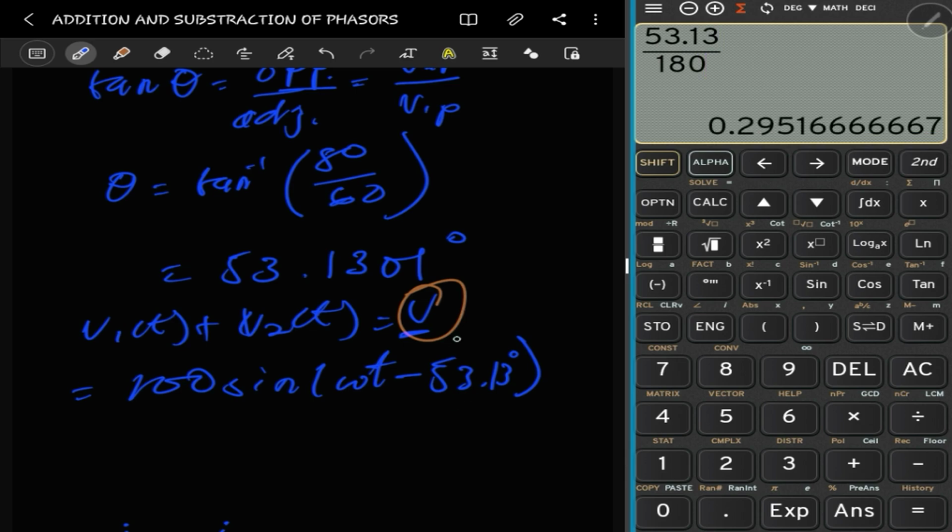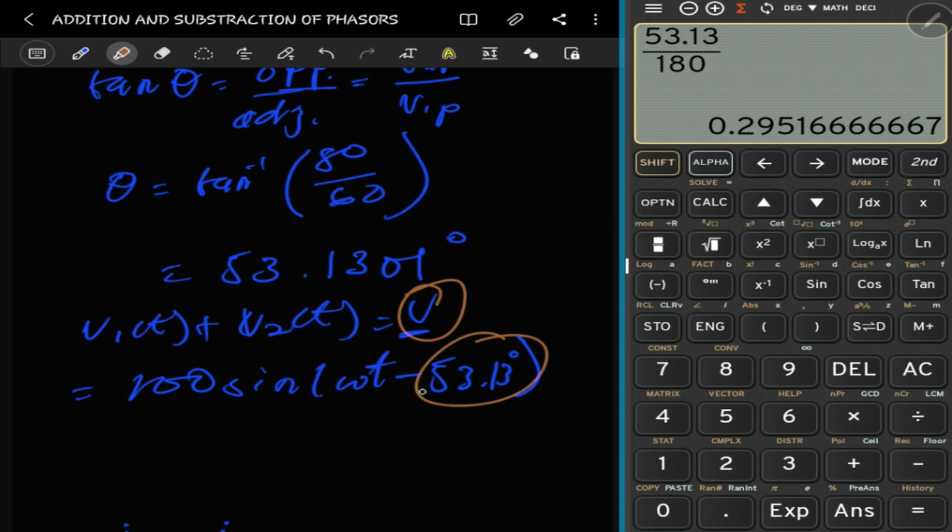It is equivalent to 0.2951 pi, right? But here we are keeping it in degrees.